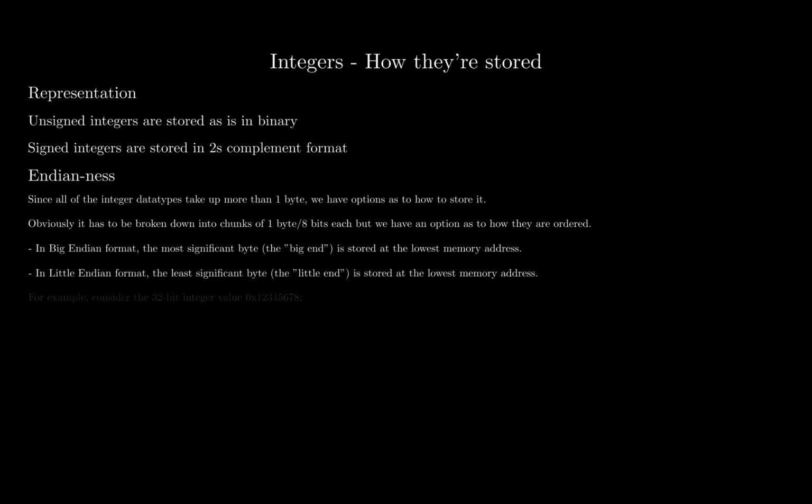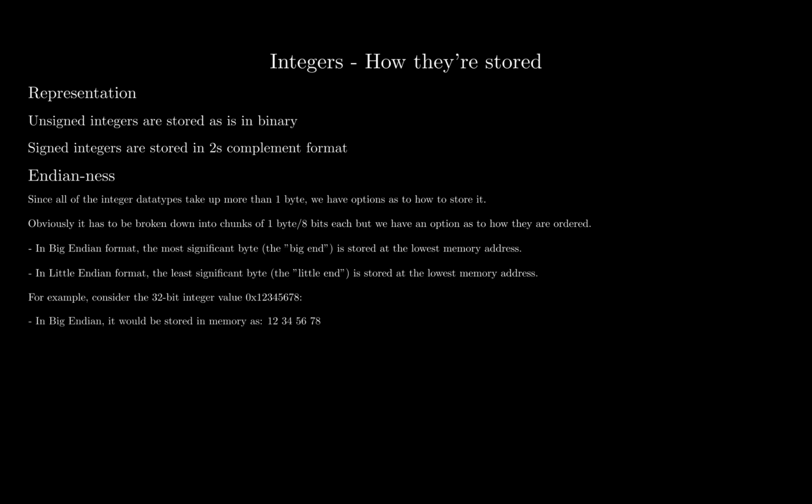Let's consider an example, right? Let's take a 32-bit integer, 1, 2, 3, 4, 5, 6, 7, 8 in hex. 32 bits is going to convert to 8 digits in hex. That's just because one hex digit is 4 bits. And in big endian, you would just store it as is.